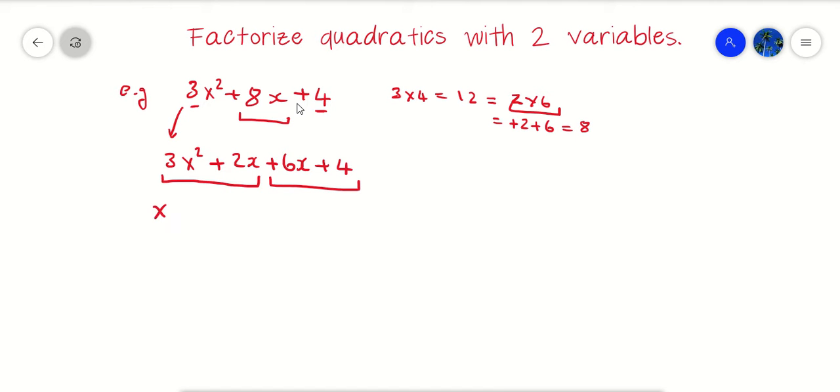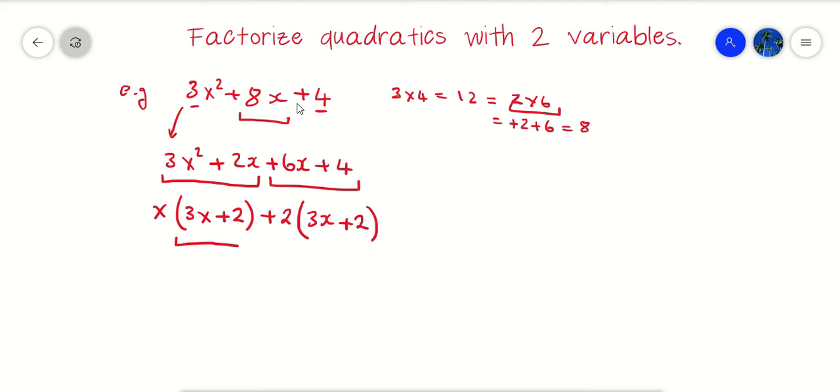I can see x outside. If I pull x outside, I will remain with 3x plus 2. And the common factor between the other two is positive 2. If I take 2 out of 6x, it will be 3x, plus, if I take 2 out of 4, I will have 2 left there.